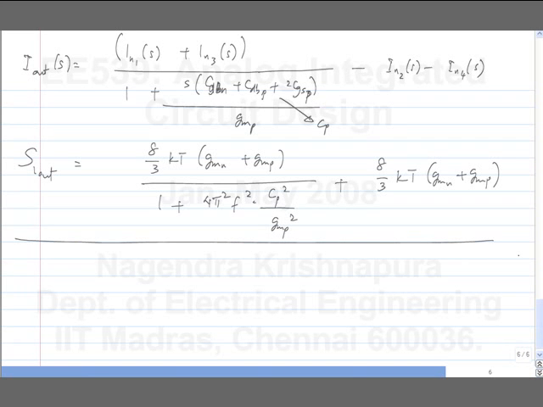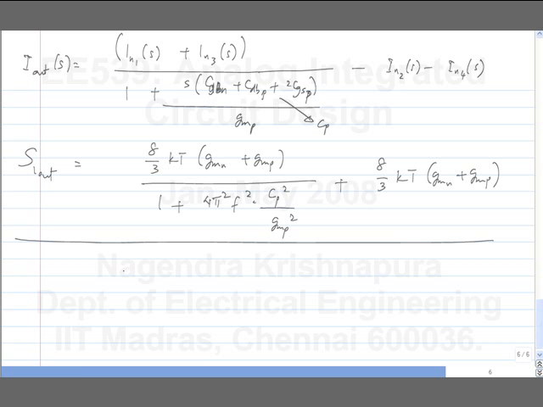And what is the input referred noise? Here by input, the input is Vd. What is the input referred noise? How do you find it? You divide by the square of the transfer function I out by Vd. So if you do it for DC, what do you get? What is the DC transfer function of the circuit? GMN.